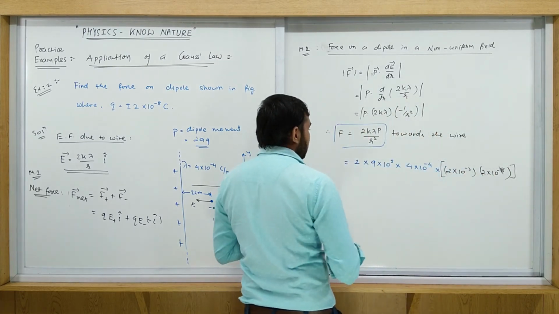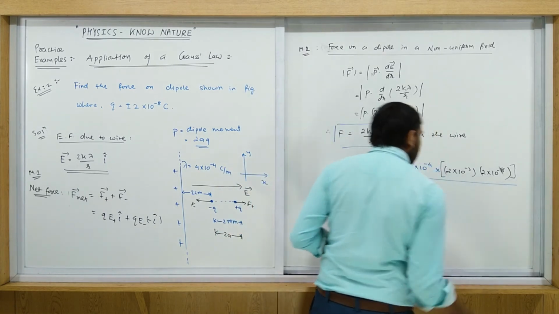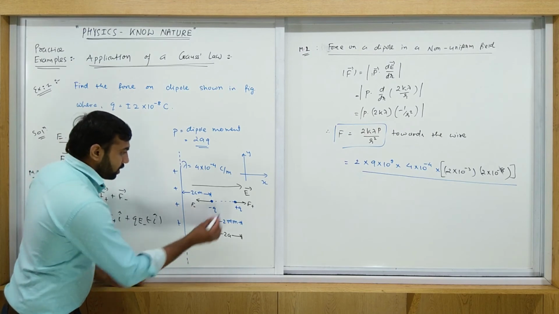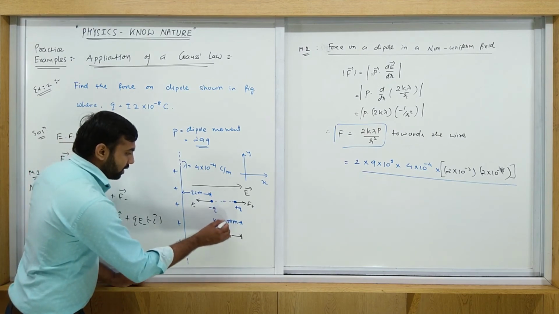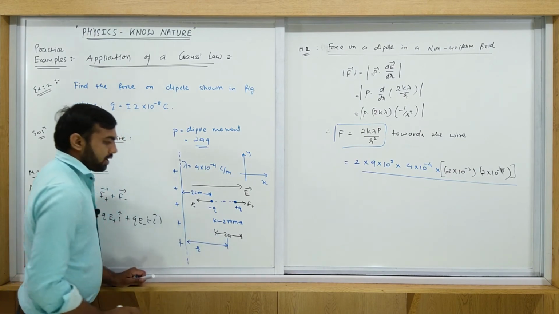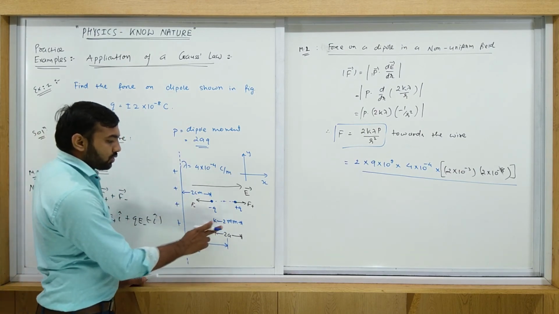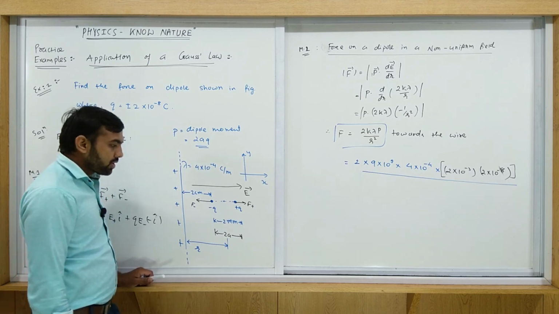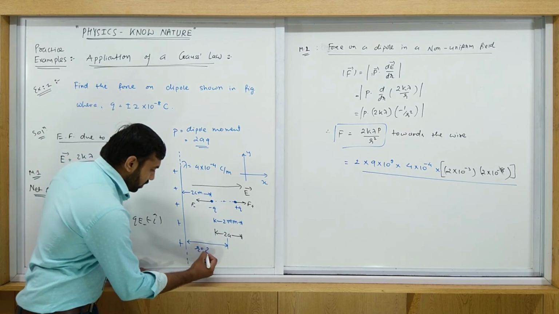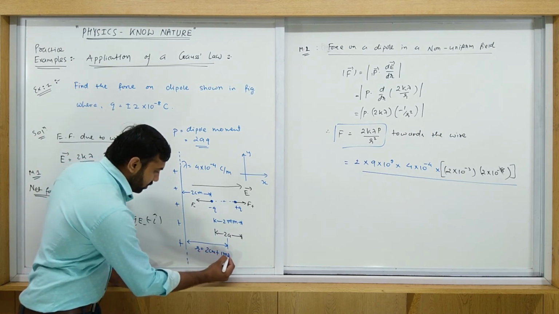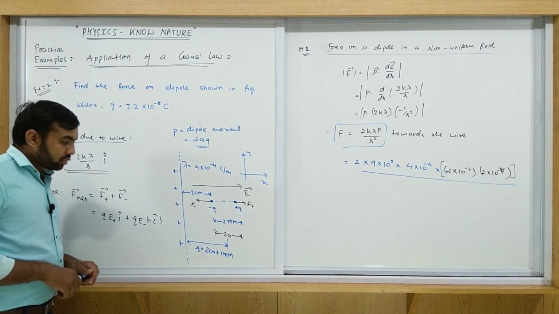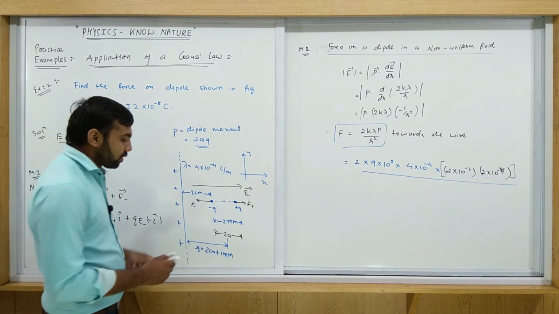Divide by r square. So r is approximately how much? R is generally considered from the center point. R is equal to 2 centimeter plus 1 mm, that's 2.1 centimeter.